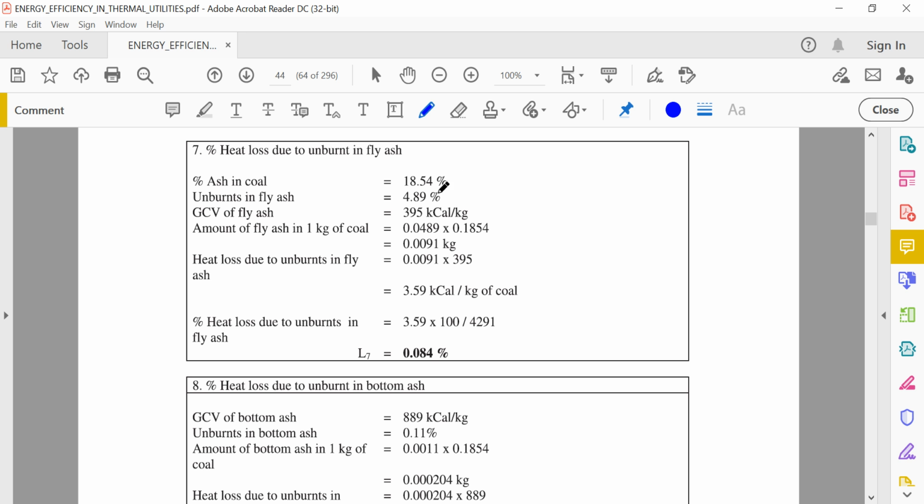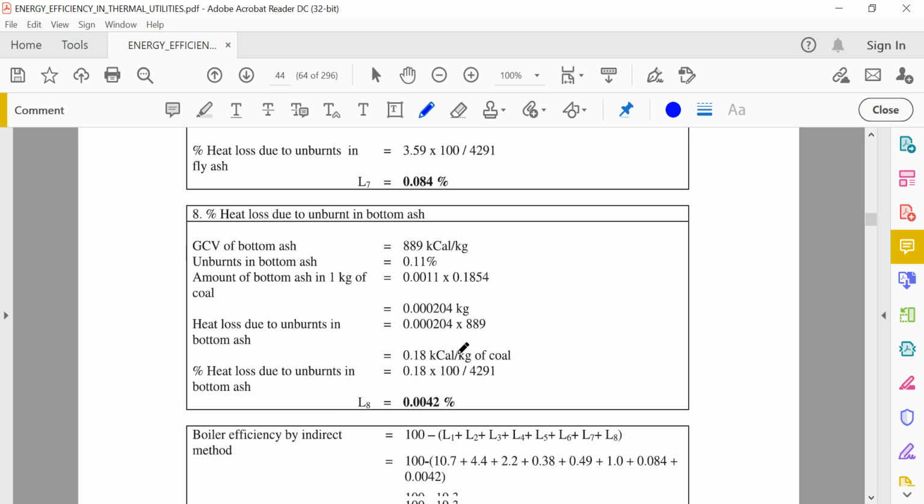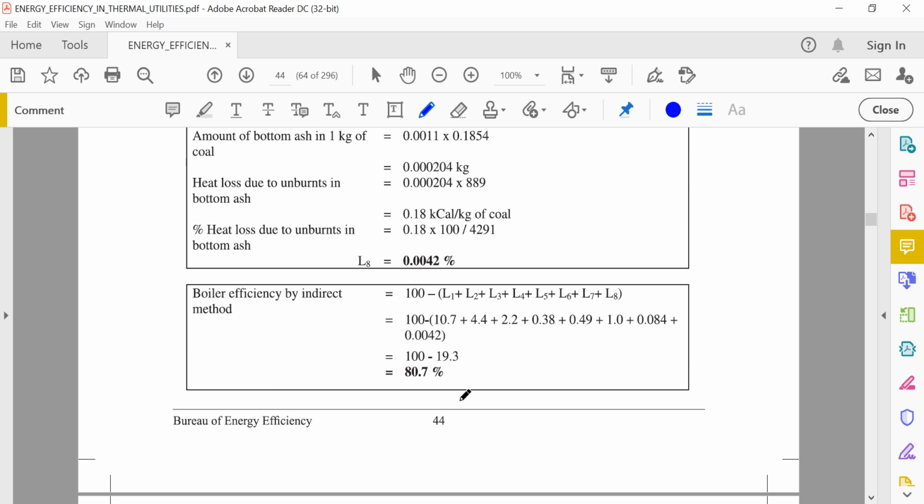Just multiply the above values, and the heat loss due to unburnt in fly ash is calculated by multiplying the GCV of fly ash with the quantity. So we are getting 3.59 kilocalories per kg of coal as the heat loss. Dividing it by the GCV, we get this loss to be 0.084%. Similarly, the loss due to unburnt in bottom ash is also calculated, and it comes out to be 0.0042%.